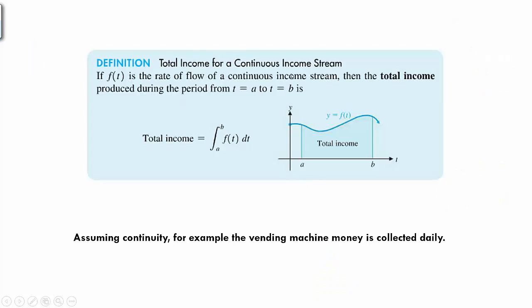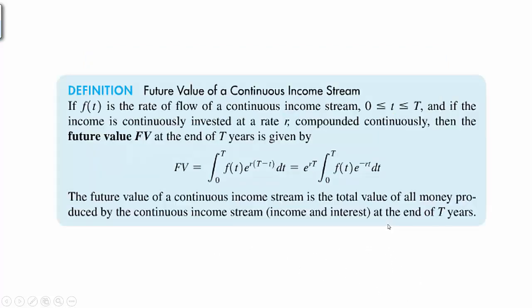So the total income for a continuous income stream is found by assuming continuity, for example our vending machine collecting money daily. If I'm looking at a future value of a continuous income stream, what changes is that now I actually have an interest rate.